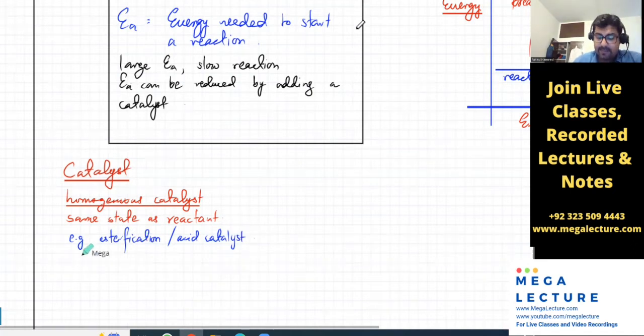So that's one example. And there's another type of catalyst, which is a heterogeneous catalyst. A heterogeneous catalyst has a different state than the reactants.